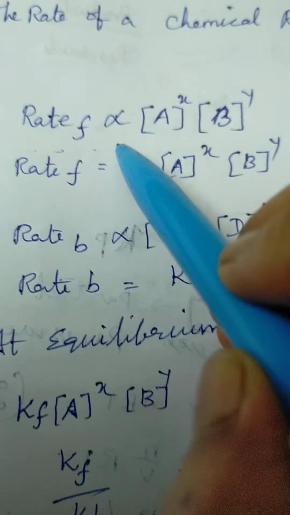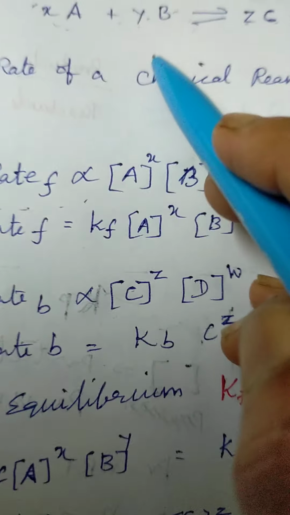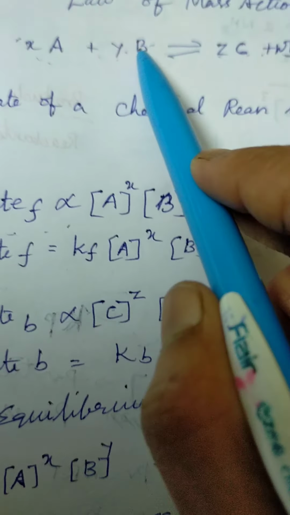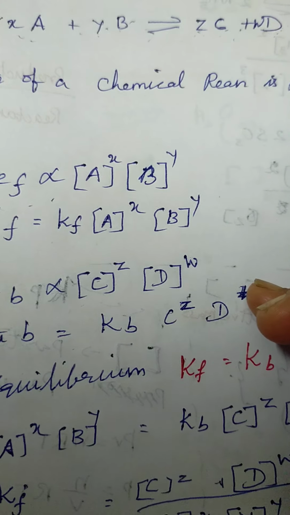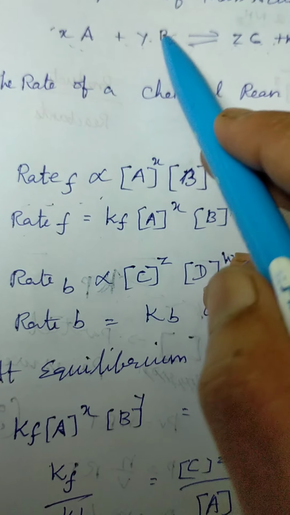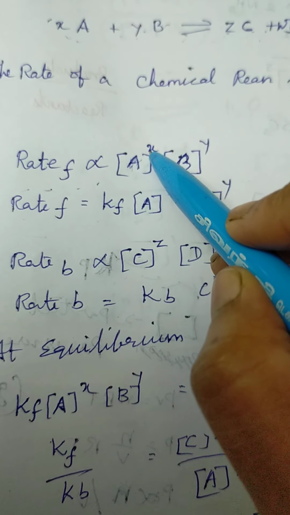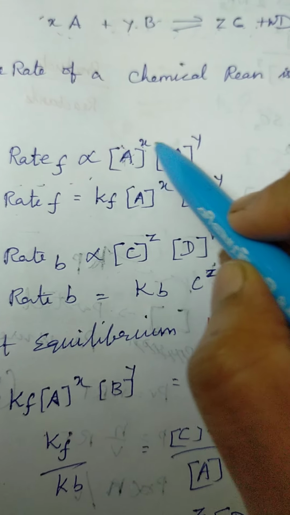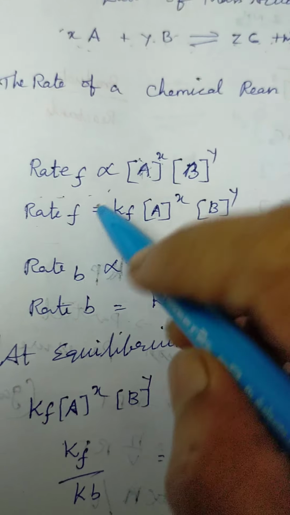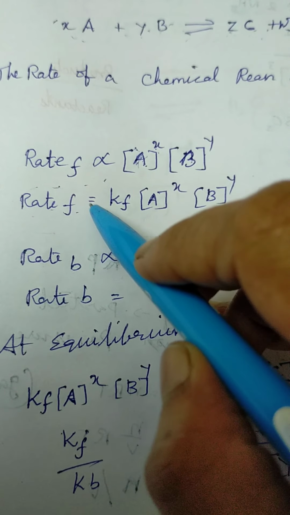Active mass is denoted by square brackets. So the rate of a chemical reaction is directly proportional to the active mass of the reactants. Rate of forward reaction: which is the forward reaction? A plus B gives C and D. So the forward reaction is A and B, with coefficient x for A and y for B.